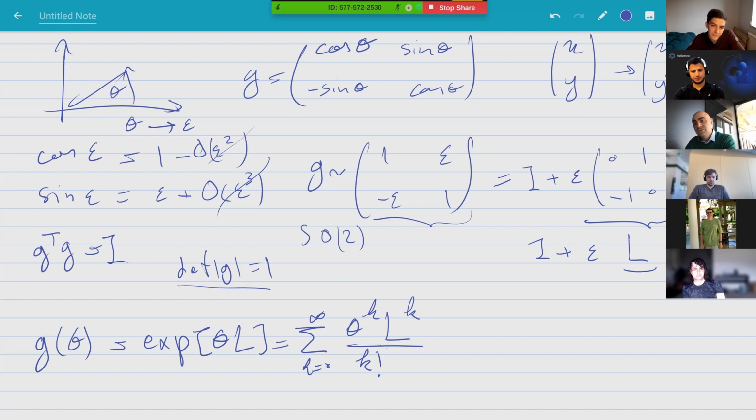In more complicated groups, continuous groups do not necessarily need to be in the matrix form. Whenever you have a matrix for your group elements, it's called a group representation.